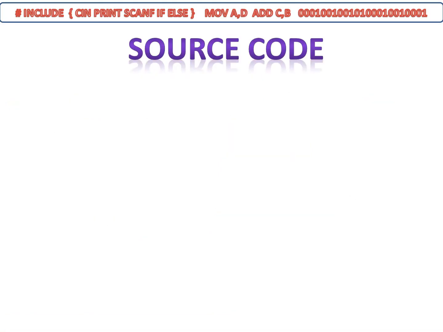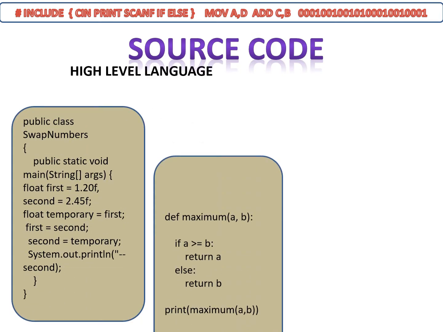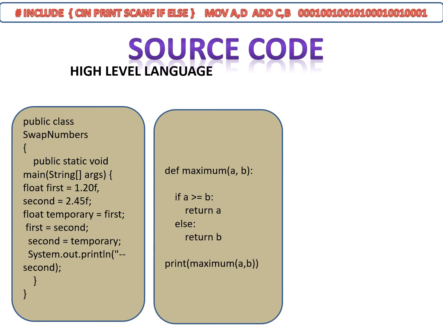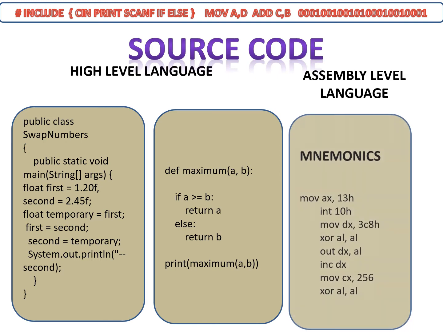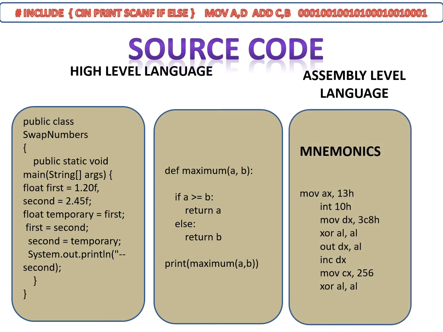So first, what is the source code? It is a collection of computer instructions that are written in human readable programming languages like C, C++, Java, Python, etc. And the assembly language also comes under this category, and the program written using these assembly level languages are called mnemonics.